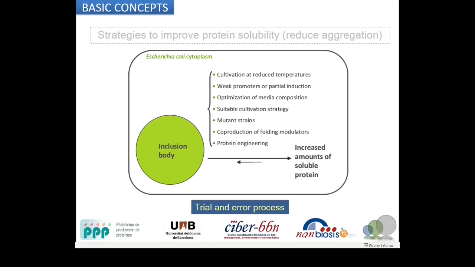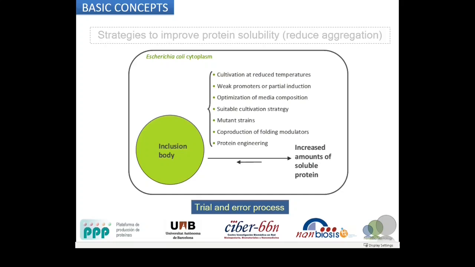So it's important to establish strategies to improve the protein solubility. Most of them are involving the reduction in the rate of translation of the mRNA that is being produced in the cell.